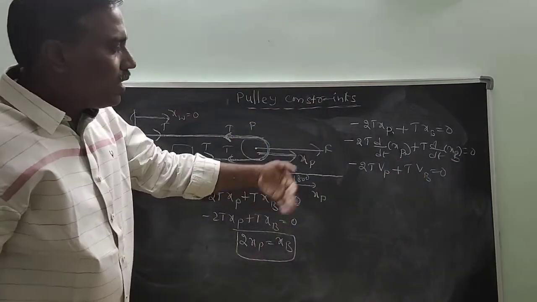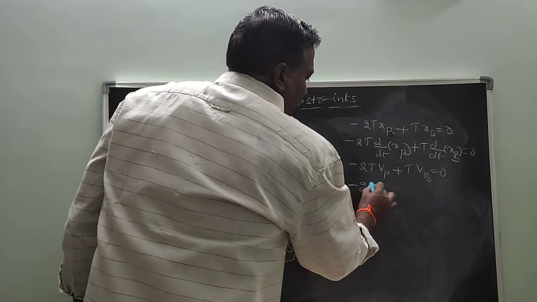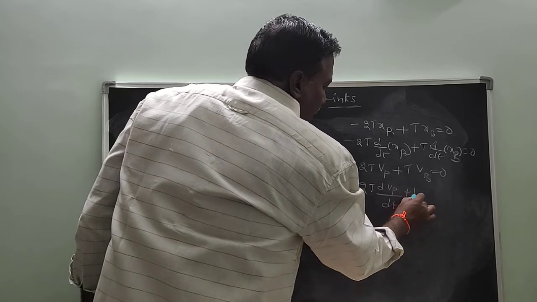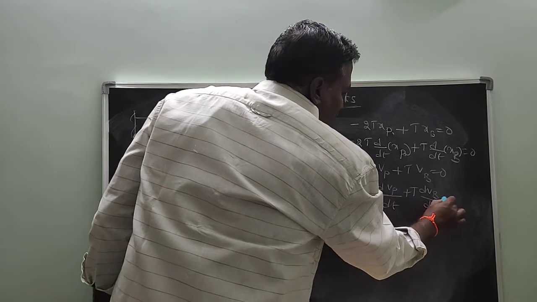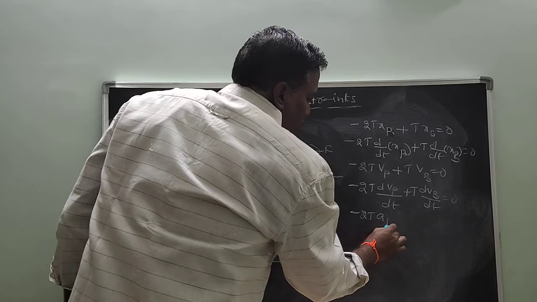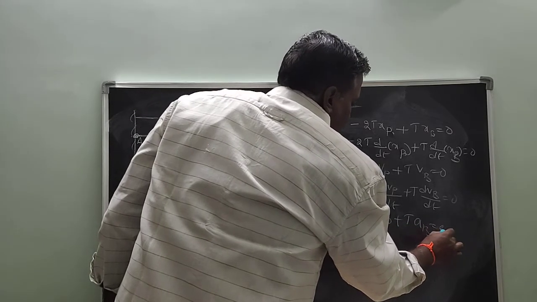Then differentiating this equation again with time, minus 2T into dVp by dt plus T into dVb by dt is equal to 0. That means minus 2T into AP plus T into AB is equal to 0.